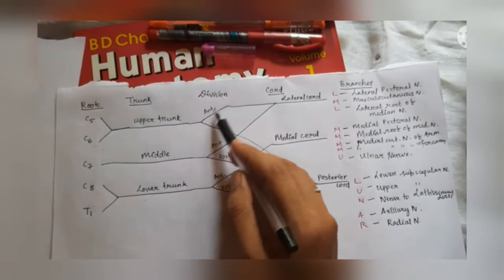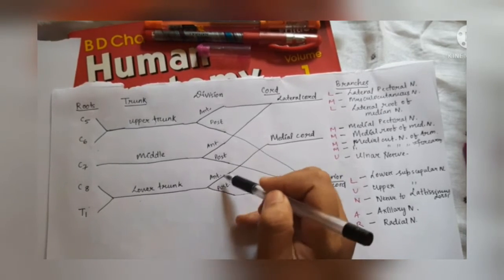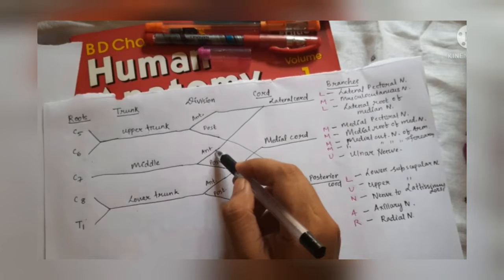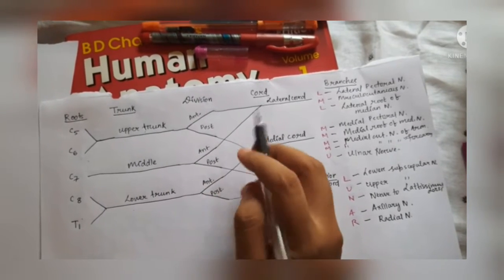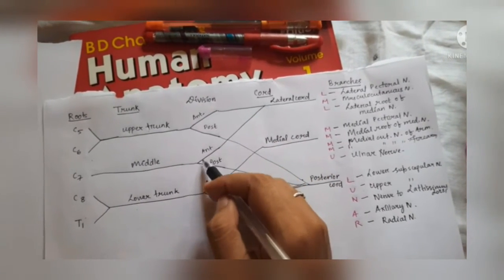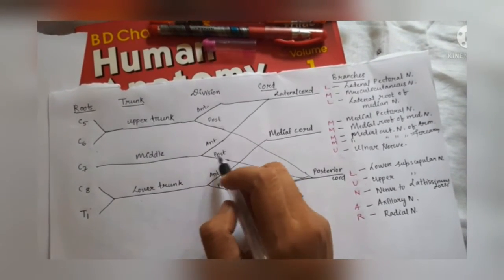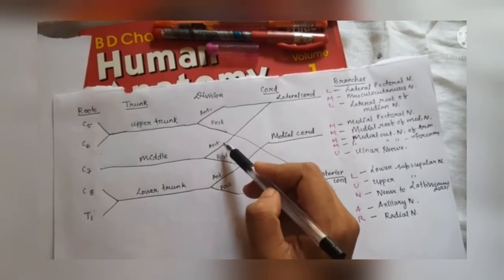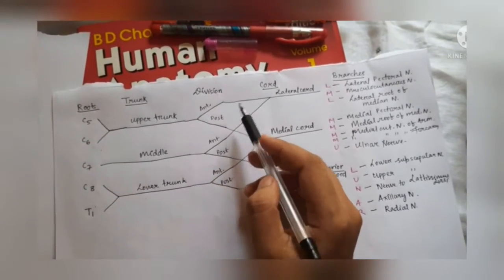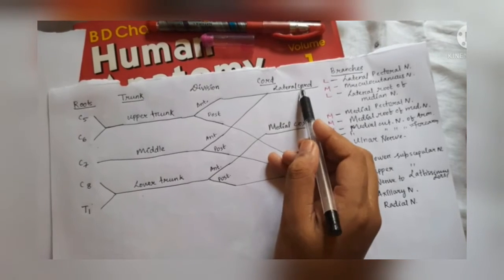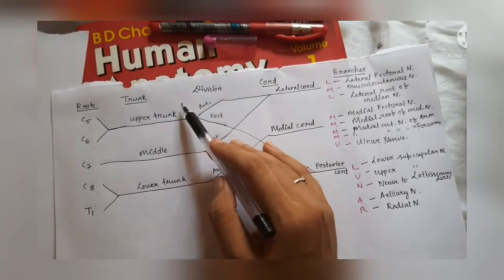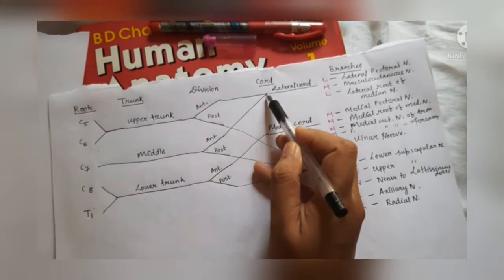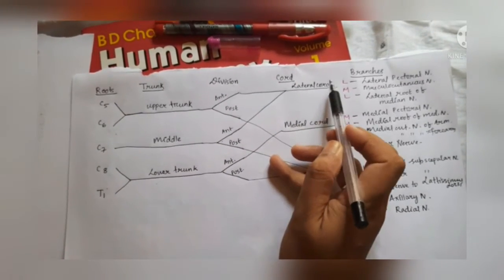When they went to a city for higher studies, they got divided into anterior and posterior, and the middle one also got divided into anterior and posterior. Sometimes he became anterior and sometimes he became posterior. Then the anterior divisions were more superior, so they formed the lateral cord: the anterior division of the upper trunk and the anterior division of the middle trunk both contribute to the lateral cord.